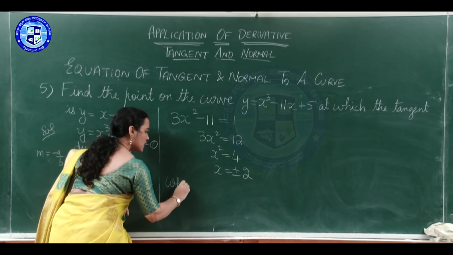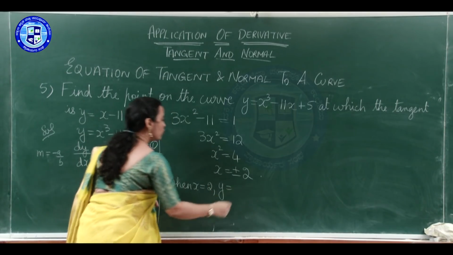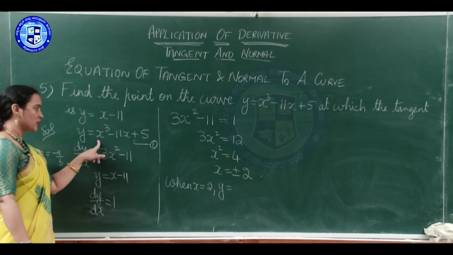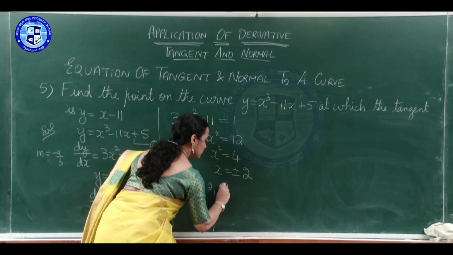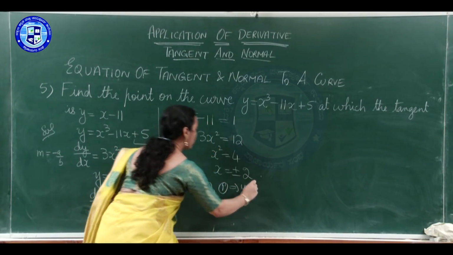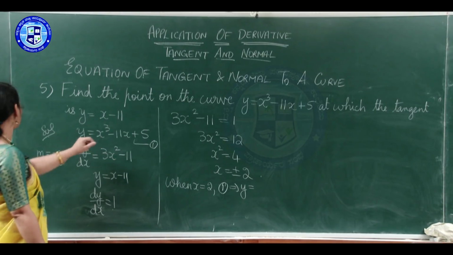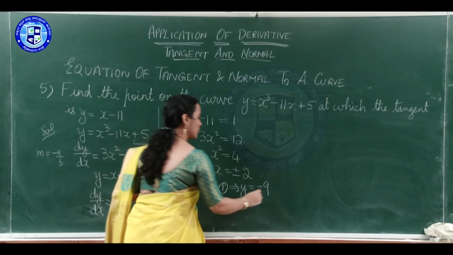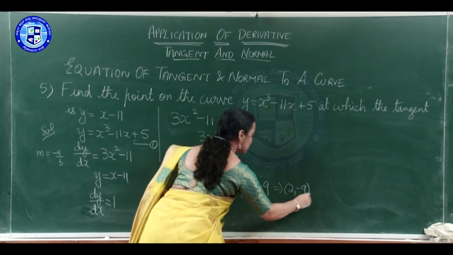So, when x is equal to 2, substitute the value of 2 in the given curve equation. So, that is substitute it in the first equation, you will be getting, substitute x as 2 in the first equation, you will be getting y is equal to minus 9. So, that implies the point will be 2 comma minus 9.